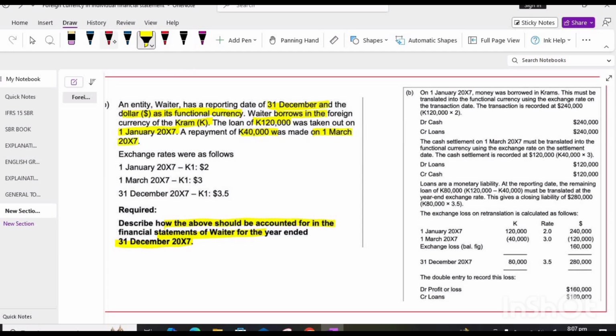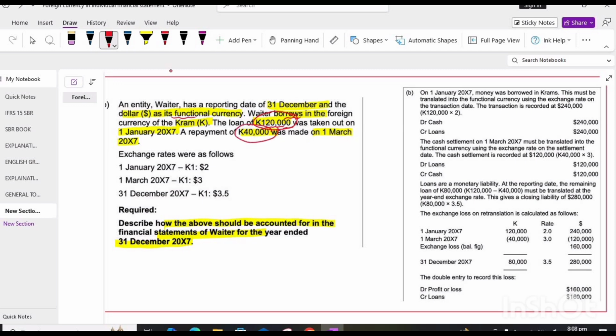Clear? So what is the thing here? The functional currency is clear, that is dollar. This entity has borrowed some money in another currency, that is K, 120. Of this amount, they have paid 40.